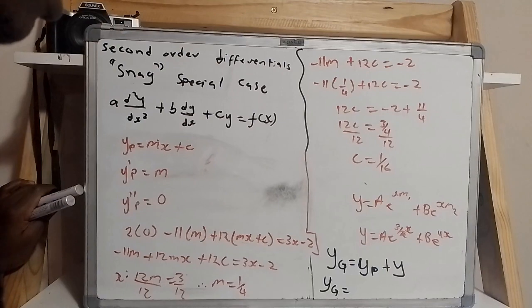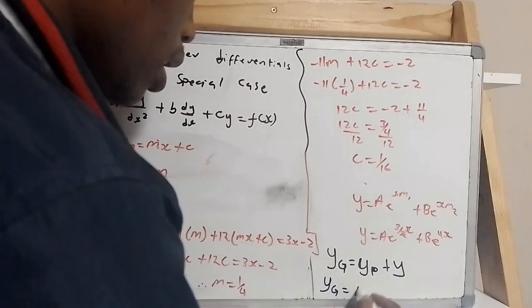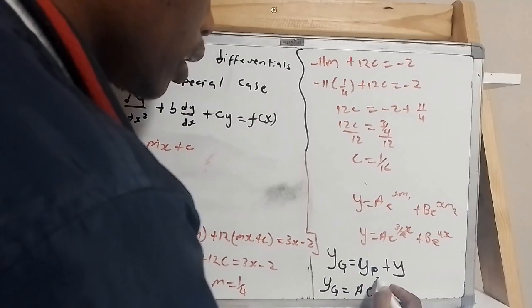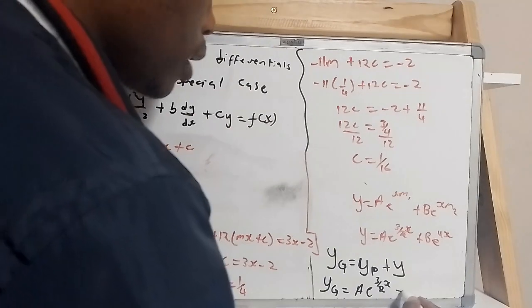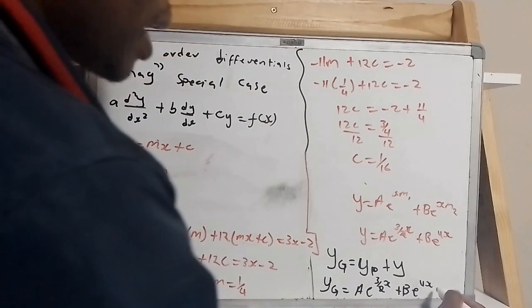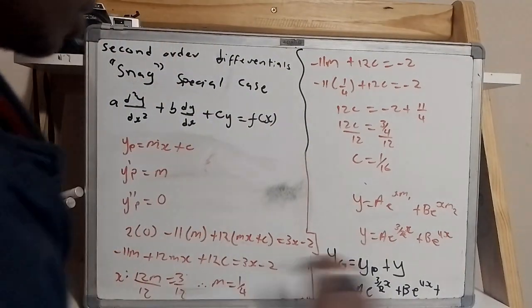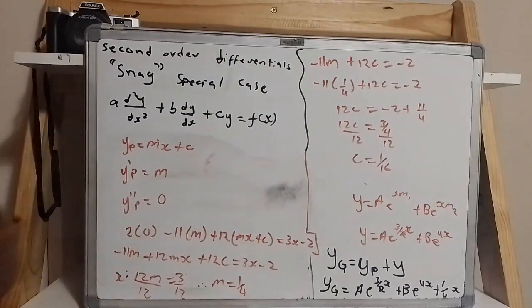What is my yp? Let's start with a e to the power 3 over 2 x, plus b e to the power 4x, plus 1 over 4 x. Let me write it in a correct manner.